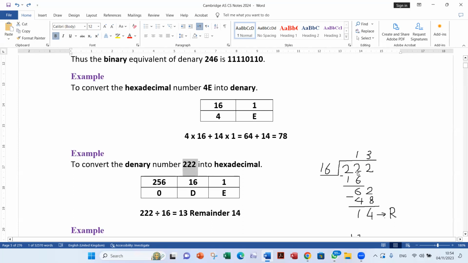We would like to find the remainder then. 1 multiplied by 16, and this is 16. And then you subtract. 22 minus 16, you get 6. Okay? And then you pull down the 2. So now you have 62. How many times does 16 go into 62? You have to know the timetable, especially of that 16. So it goes 3 times.